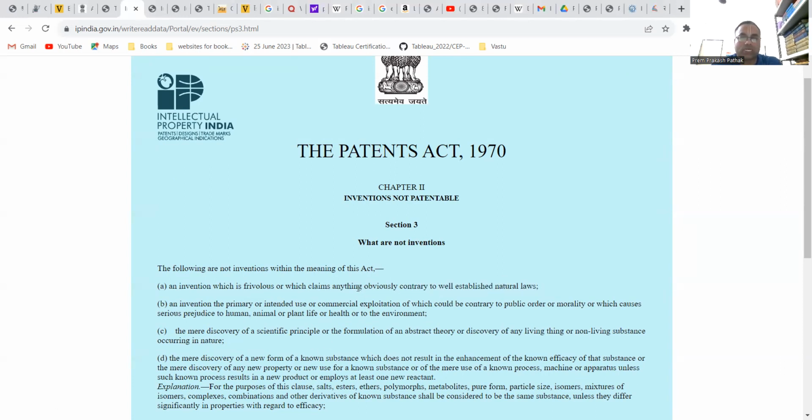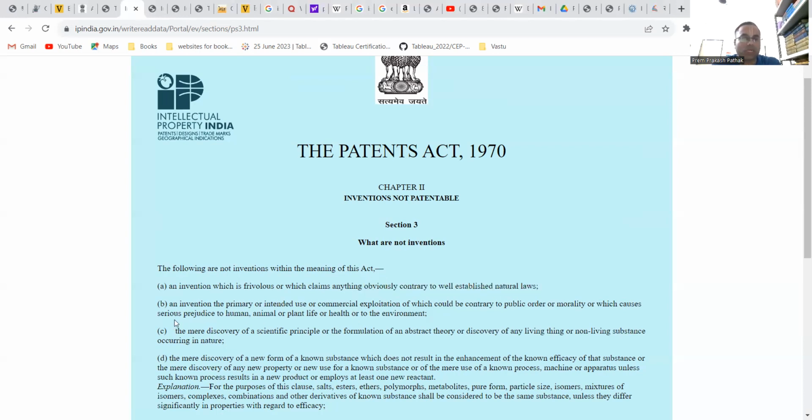If I say that I want to patent something which does not follow E is equal to mc square, for example, or there could be many examples, all those things are obviously contrary to well established nature. Based on all the knowledge that we have, you will get to know that it is not possible.